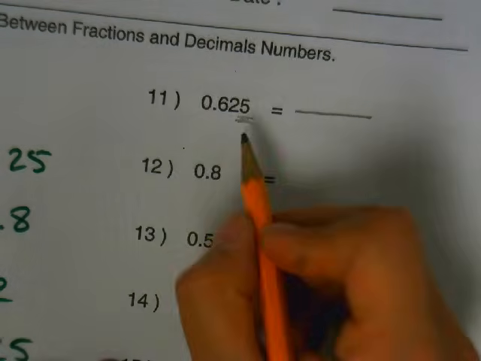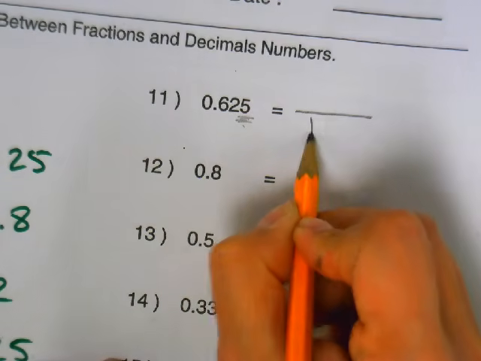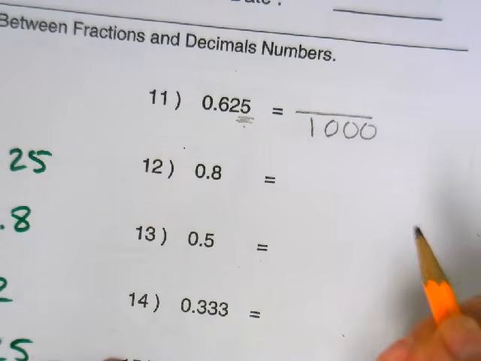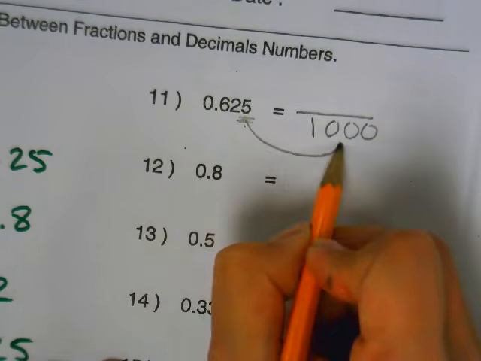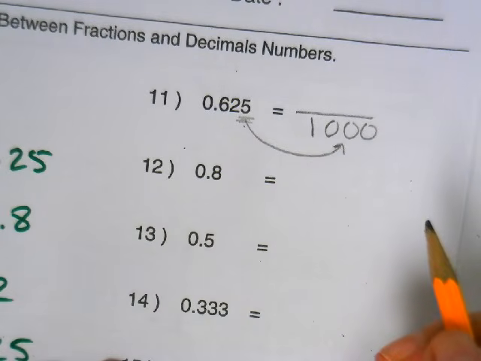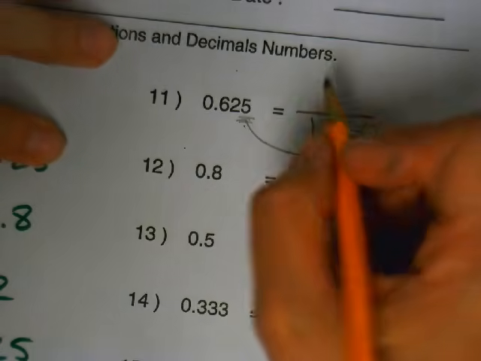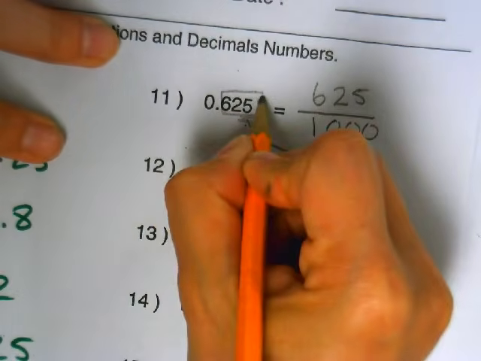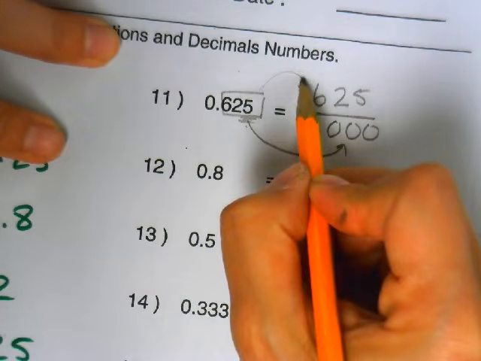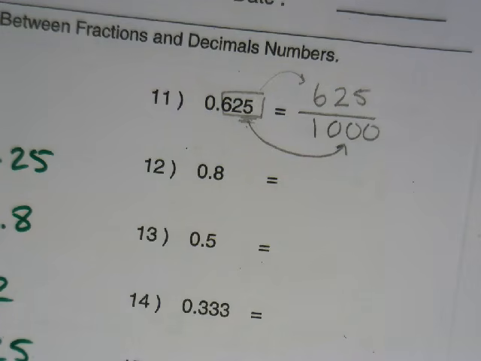Now what's the number on top? 625. The whole number goes on the top. Got it?